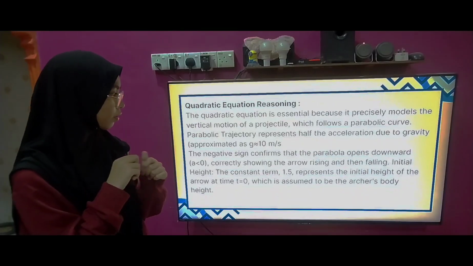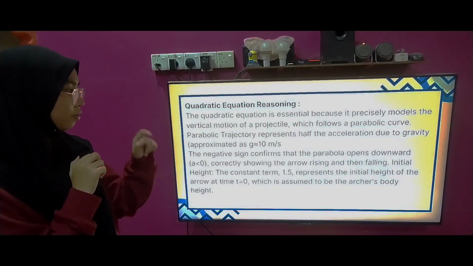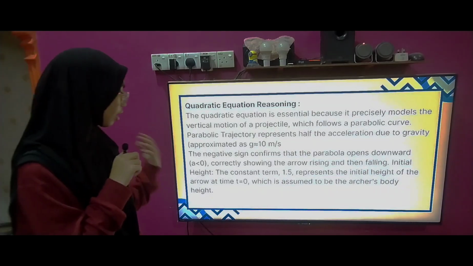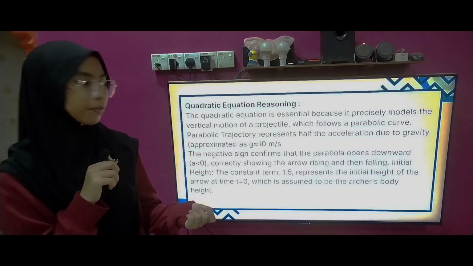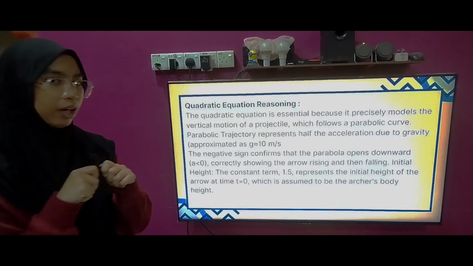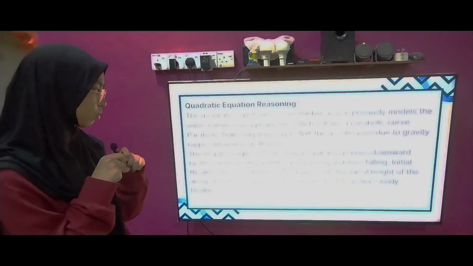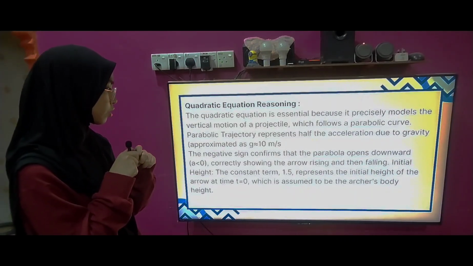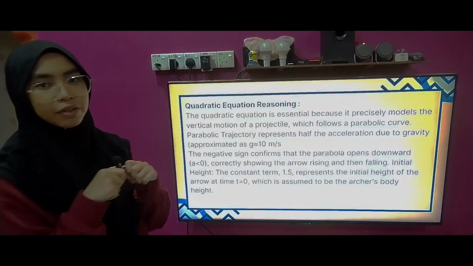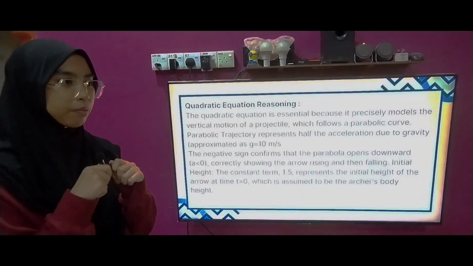So it correctly shows the arrow rising, and then falling down. And the initial height, the constant term 1.5, represents the initial height of the arrow at time t equal to 0, which we can assume to be the height of the archer, which I said earlier is 1.5 meters.